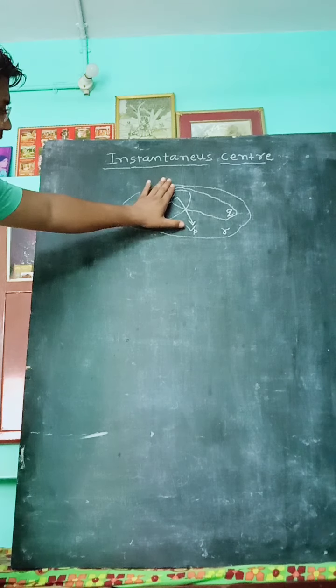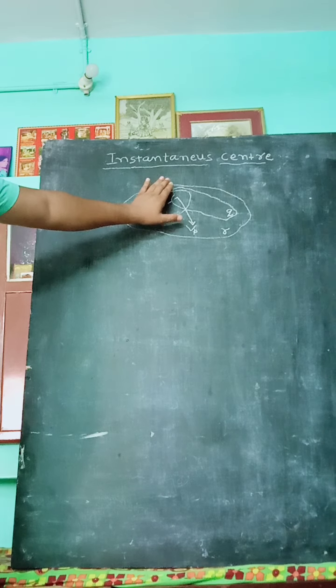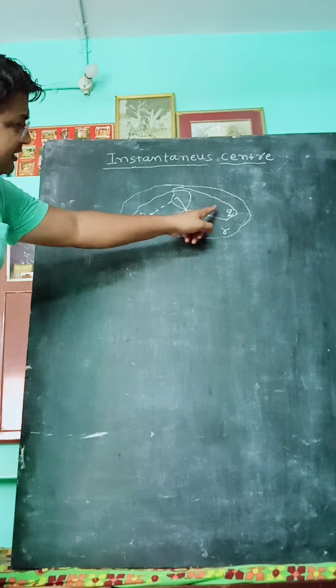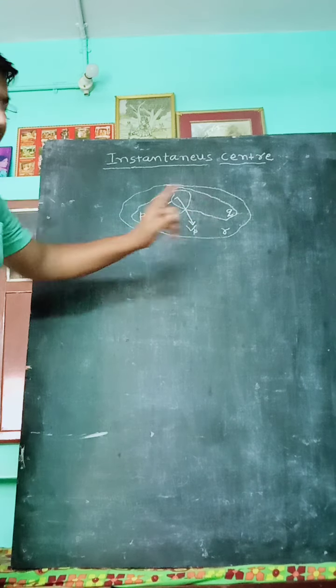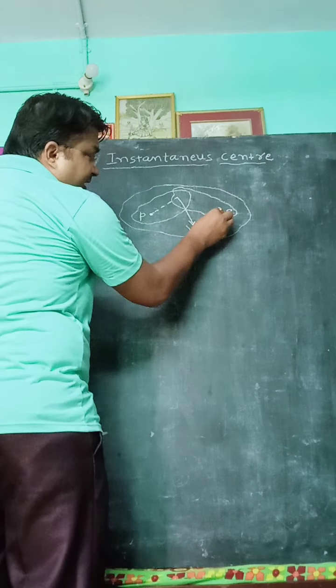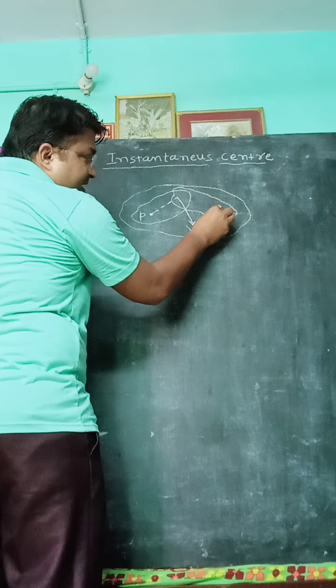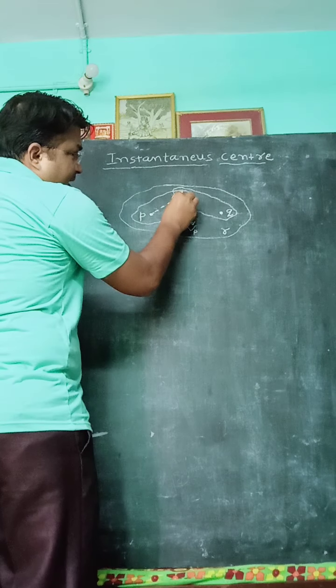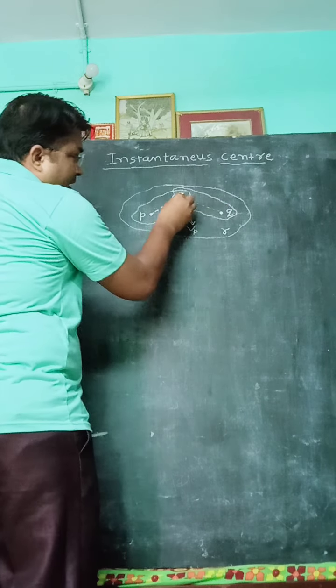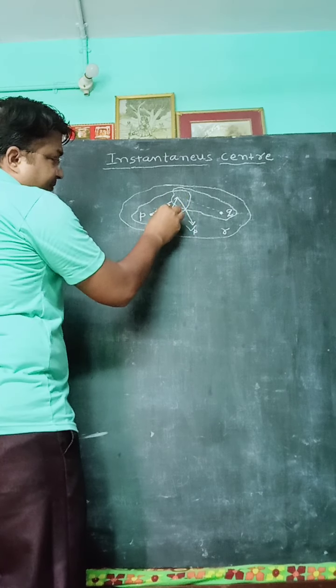Now just forget body P, consider the motion of body Q with respect to body R. So its instantaneous center, or imaginary center, is here, and the body is moving in this direction.